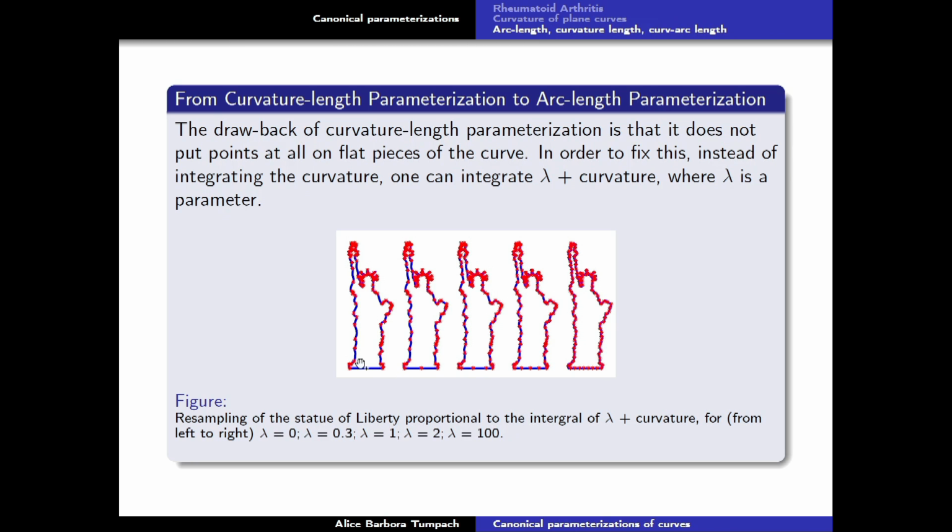Here you can interpolate between curvature parameterization, where you put points where the curvature is maximum, and absolutely no points on the straight lines. And at the other end, you have arc length parameterization, where the points are uniformly distributed.